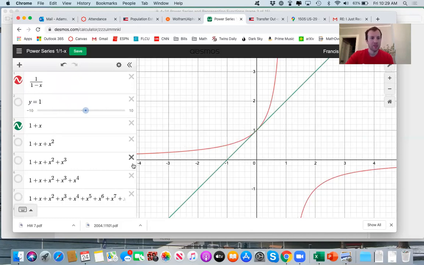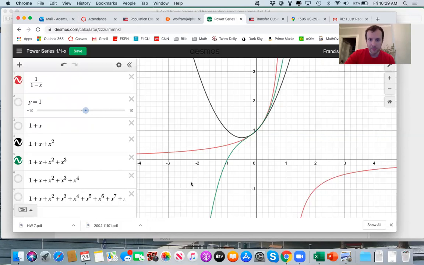But what happens is that if we keep having more and more of these terms, so 1 plus x plus x squared, this parabola, is even closer to the red 1 over 1 minus x than the line was. This green cubic, 1 plus x plus x squared plus x cubed, is even closer.